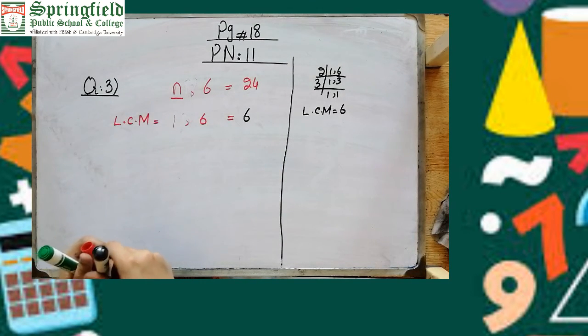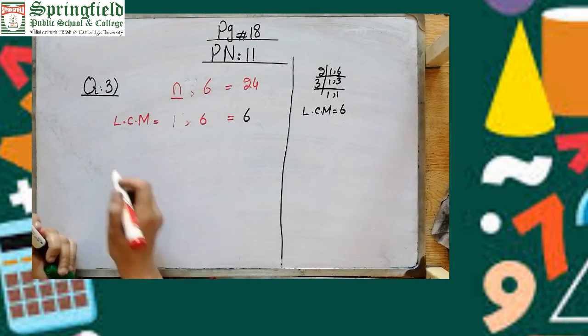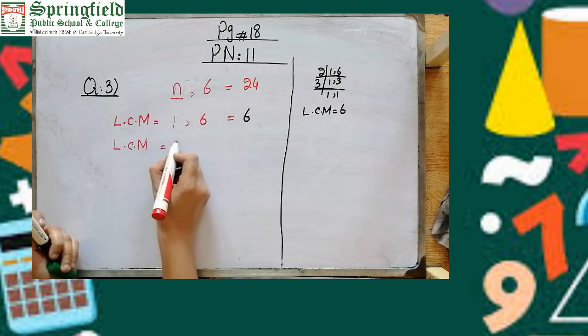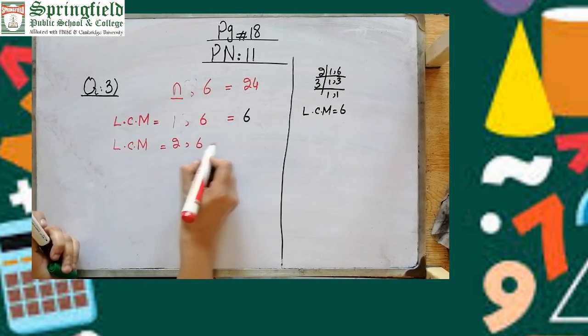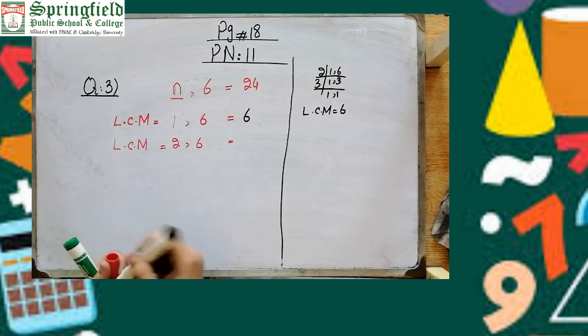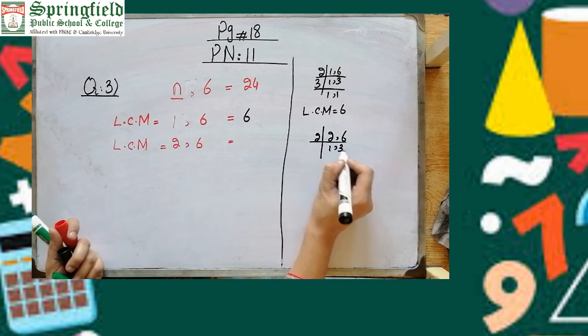Now the LCM of n, put the value of n is equal to 2. 2 and 6. What will be the LCM of 2 and 6? 2 1s are 2, 2 3s are 6, 3 1s are 3.